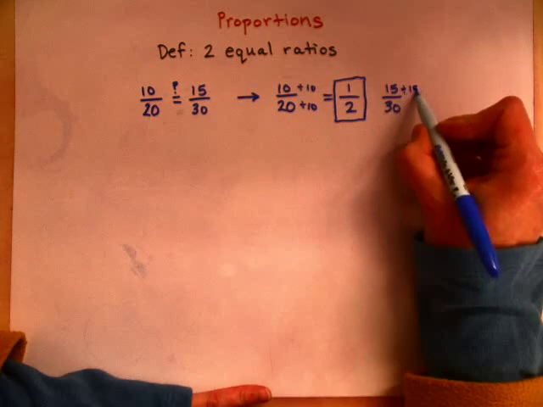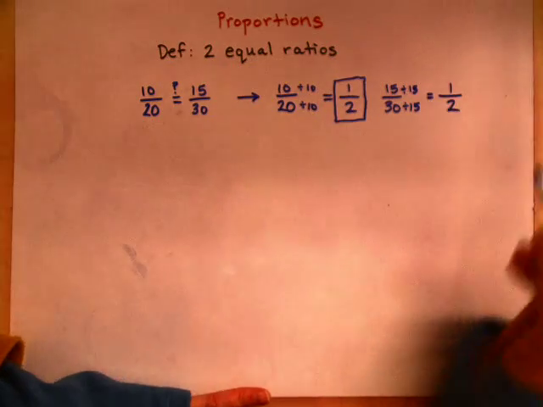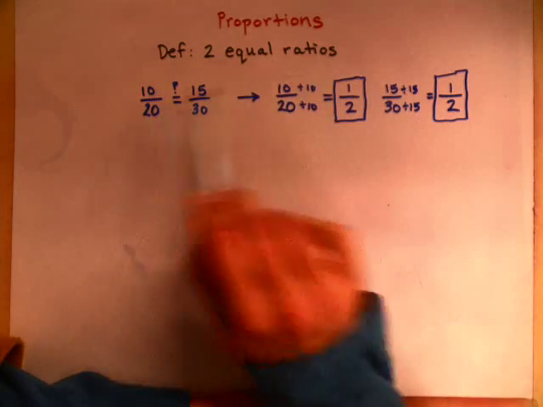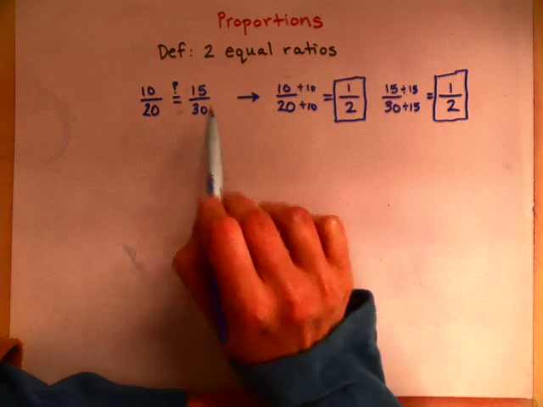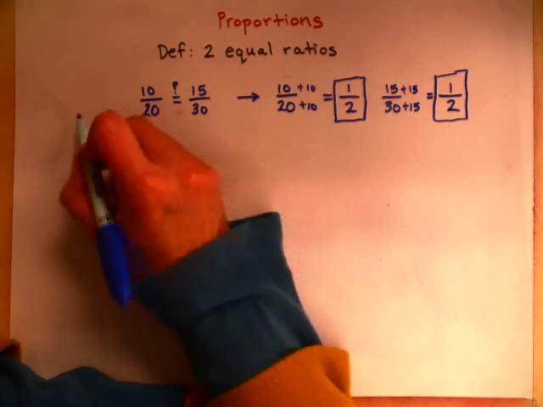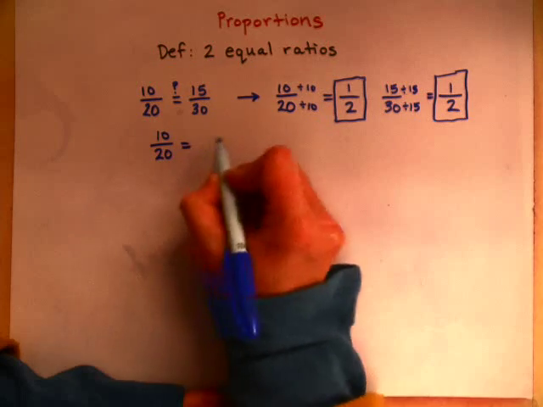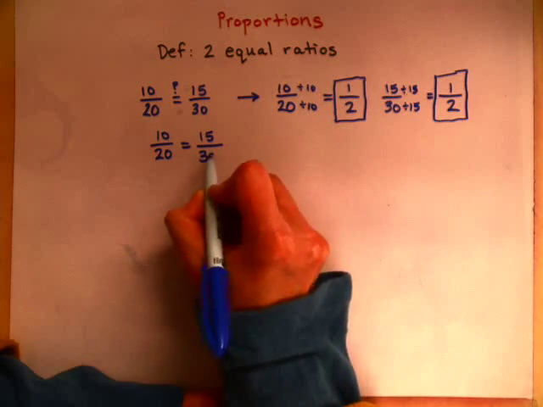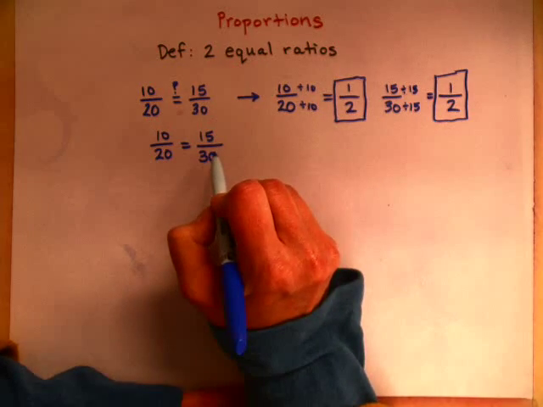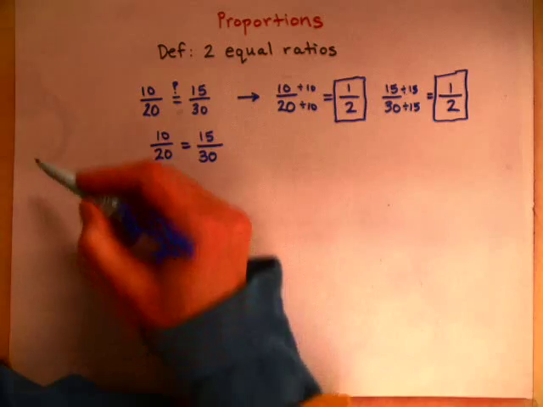So I end up with 1/2. Since 10 20ths equals 1/2 as a reduced fraction and 15 30ths equals 1/2 as a reduced fraction, that means 10 20ths does equal 15 30ths. So 10 20ths and 15 30ths form a proportion. They're two equal ratios.